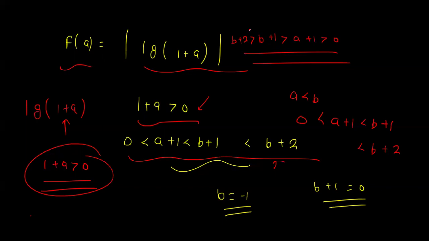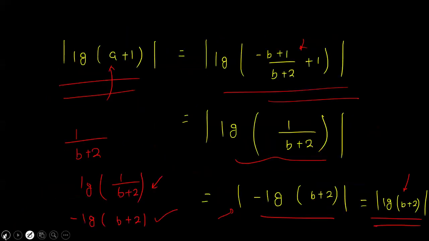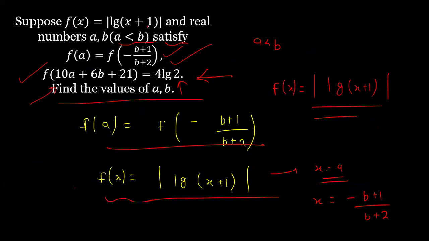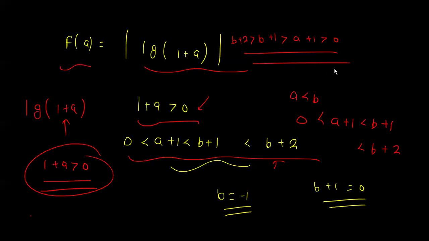So in the problem you can see we are getting b plus 1 positive. So this quantity is something positive, and if you add 1 to this, then 1 plus b plus 1 should be greater than 1.